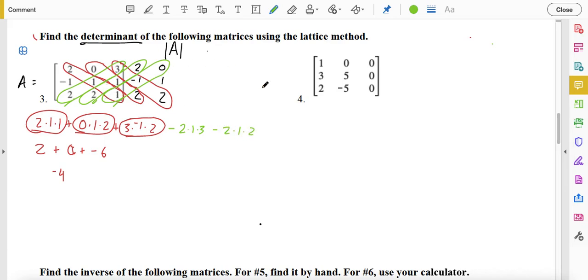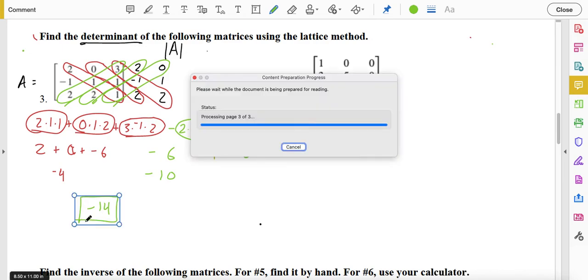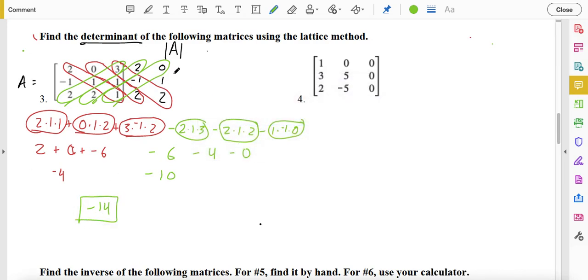We're going to subtract again 1 times negative 1 times 0. And again, I'm just going to circle all those to indicate where they're coming from. And we're subtracting all of them. All right, so that's minus 6, minus 4, minus 0. That's minus 10. Negative 4 minus 10 ends up being negative 14. So that is the correct answer for our determinant of this first A.